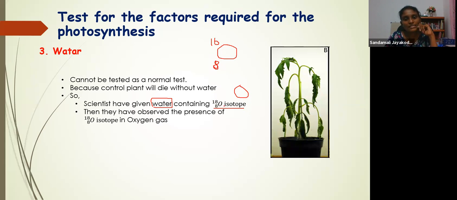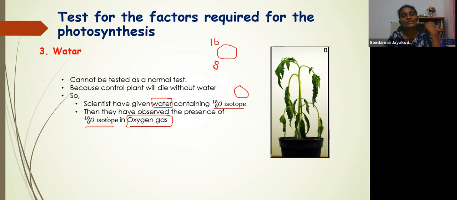Once it is used to produce water molecules, the scientists gave that water to a particular plant. Finally, they collected the oxygen gas released from that plant, and they checked whether that oxygen gas contained that oxygen isotope or not. They observed that the oxygen-18 radioactive isotope is present in the oxygen gas.